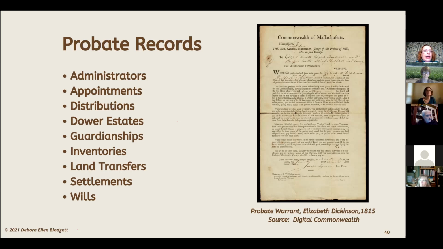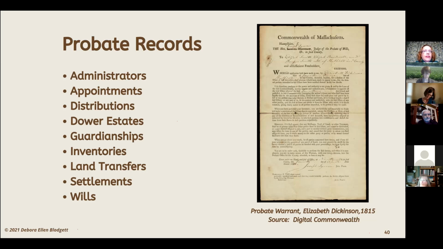When someone died, there would be an inventory of everything they owned and a value would be placed upon it. And these probate inventories are very detailed, and they really give an insight into what kind of artifacts someone owned during their lifetime. There might also be some land transfers in probate records.